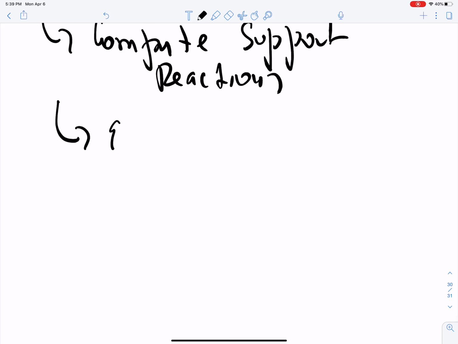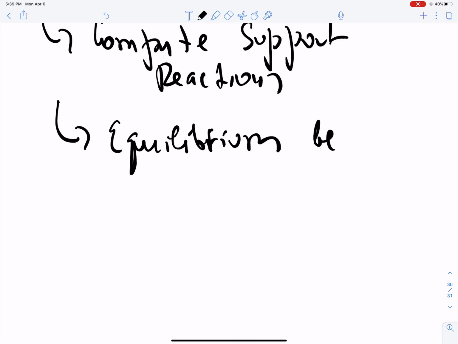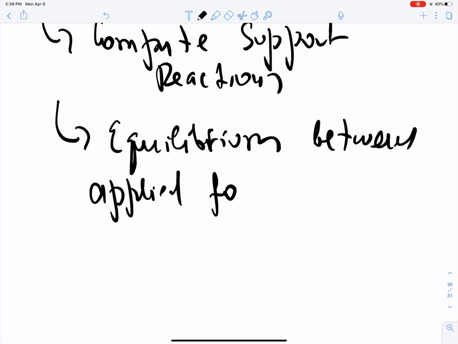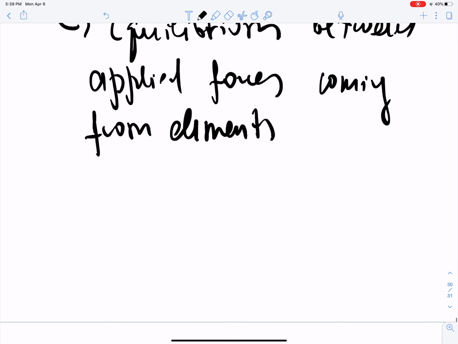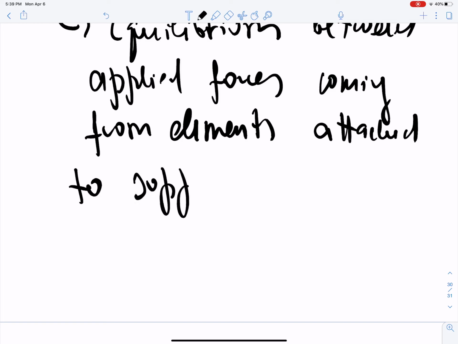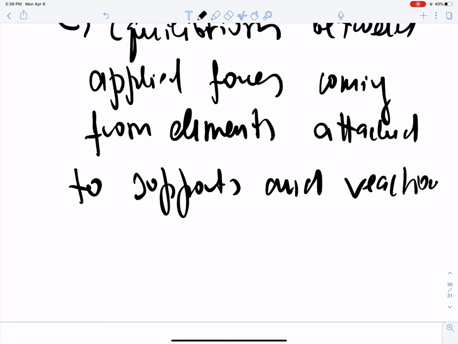You do this from considerations of equilibrium between applied forces, right, coming from elements, attached to the supports, and reactions at supports. Okay.